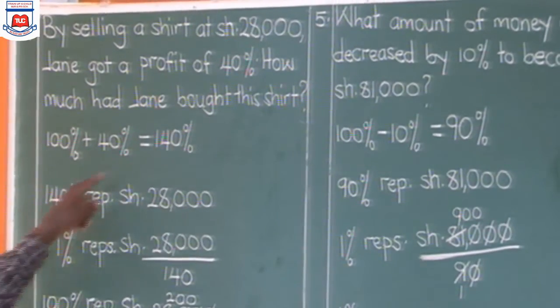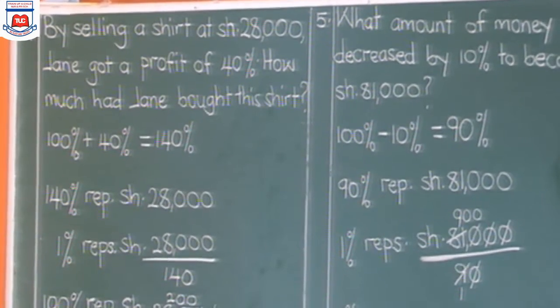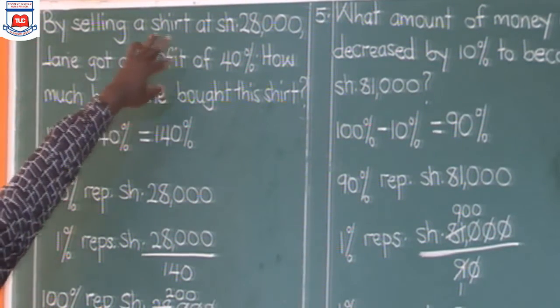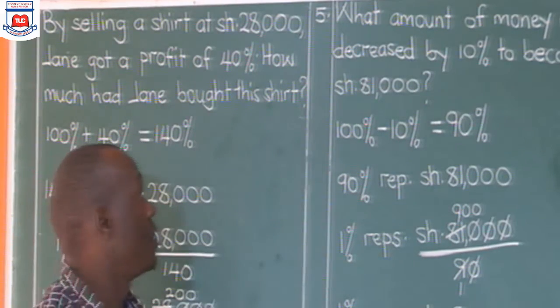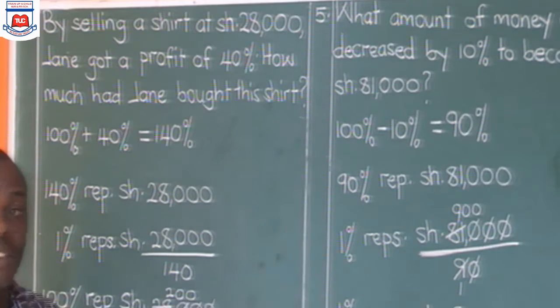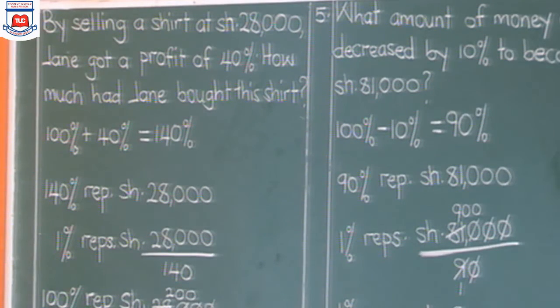How much had Jane bought this shirt? I read again. By selling a shirt at 28,000 shillings, Jane got a profit of 40%. Good. The question reads, how much had Jane bought this shirt?